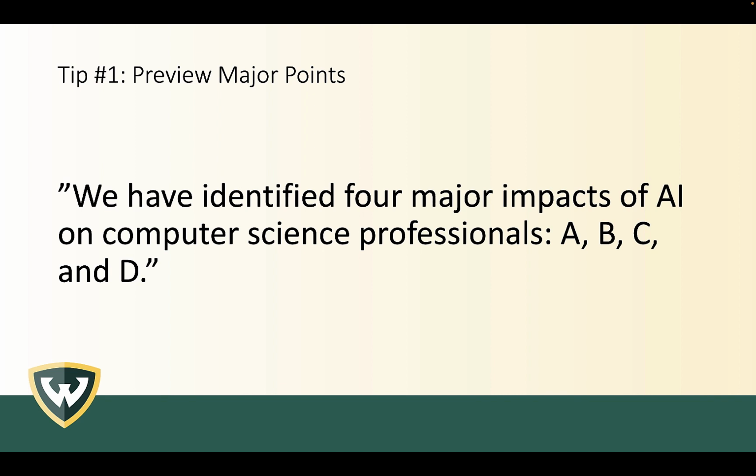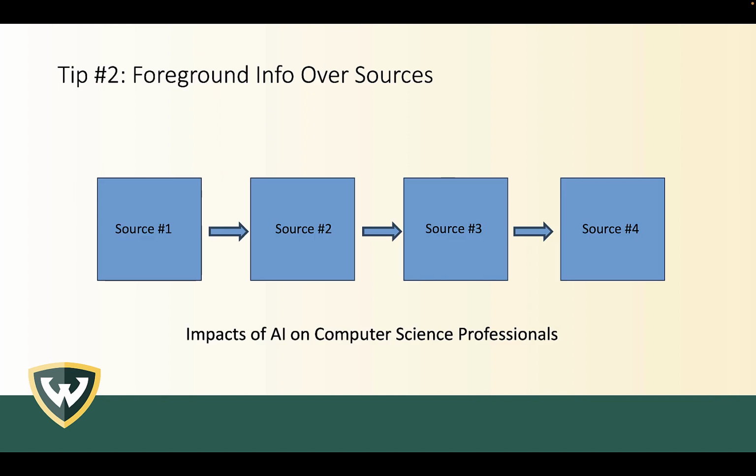And again, I put this in quotes here because it's something I probably expect someone to say, and I might even expect to see this on a slide, this list of your 2 or 3 or 4 things or however many things you have. Here's what I want to say. In quite a few of the presentations that I saw last week, the body of the presentation was organized around sources.